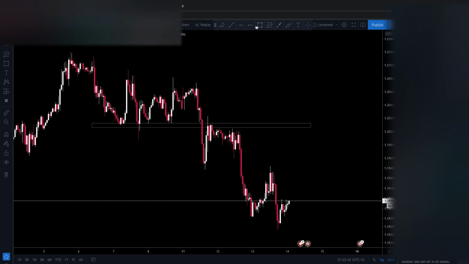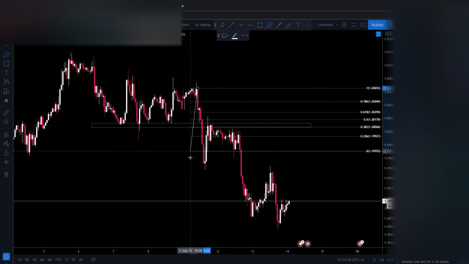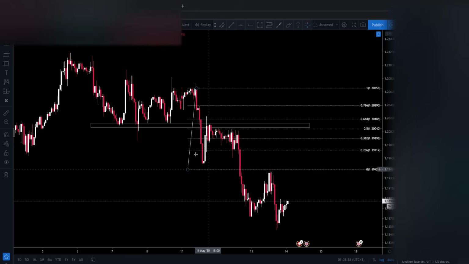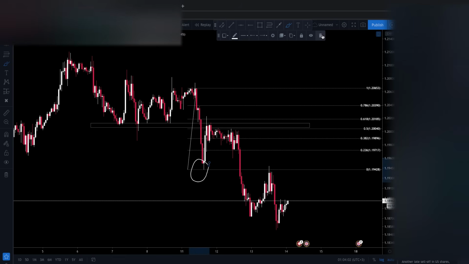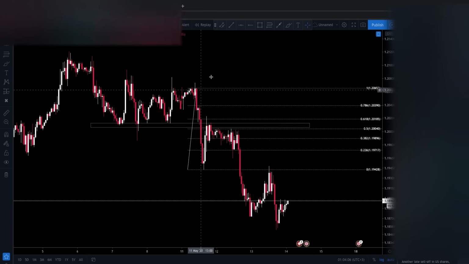So on the start of this big red candle is where you want to start your Fibonacci. If it had a wick, you start at the wick. If it has no wick, you start at the body. Starting at the body till the end of the little trend where the market started going back, that's where you want to draw it to.